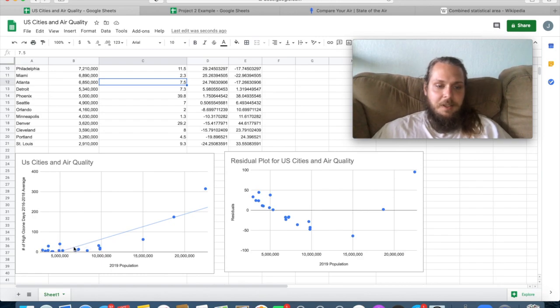Most US cities, most of the small ones, aren't very polluted, but some US cities are massively polluted, like the really populated ones. And we can tell that this graph is non-linear and in fact would be better with an exponential by looking at the residual plot, right?